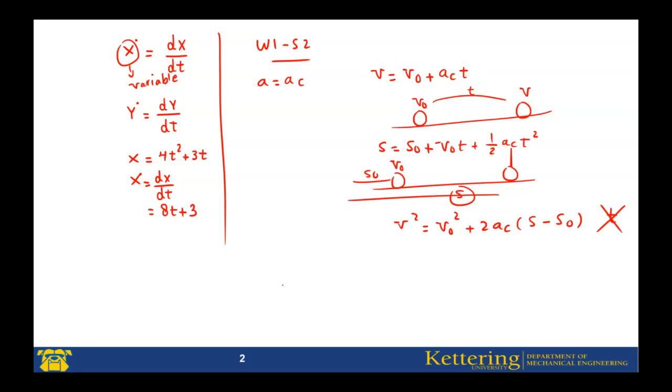Now, for projectile motion, you also learned that it's a motion with constant acceleration. Along the x direction, velocity is constant.